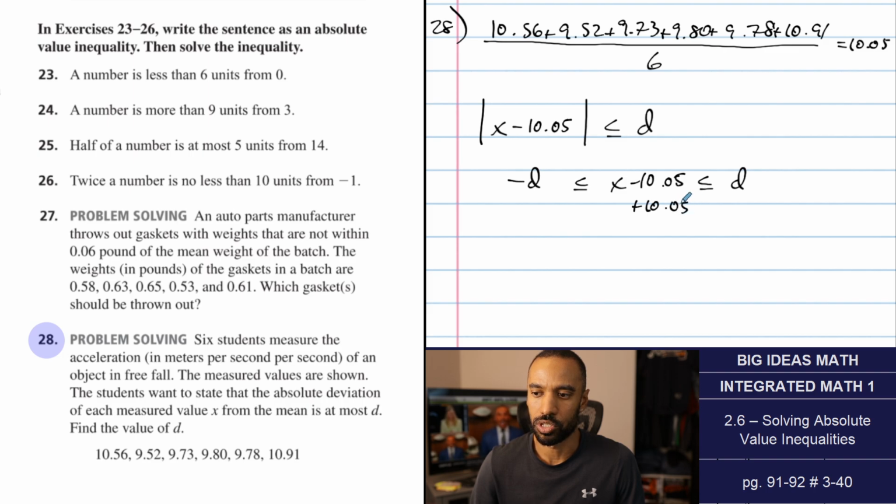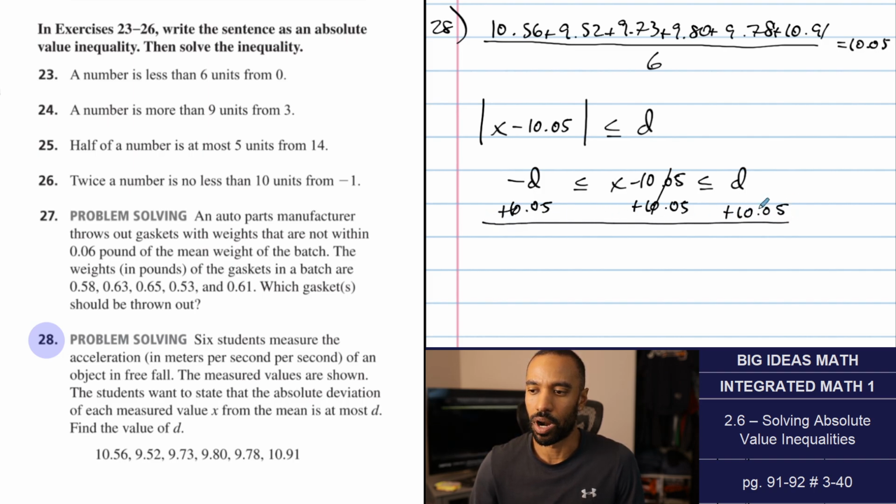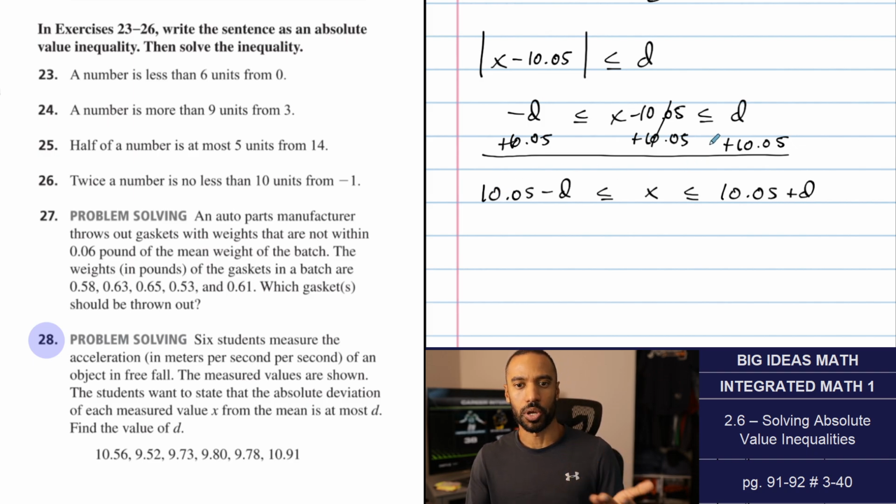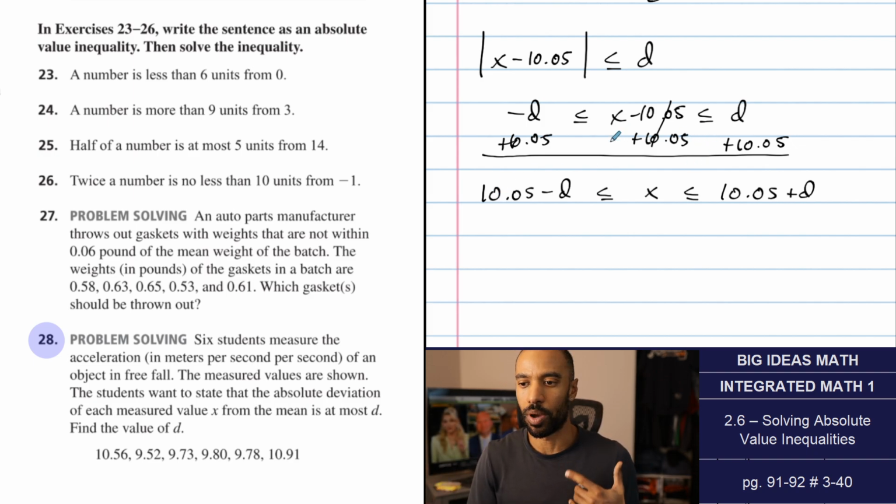If we add 10.05, the best way for me to write this here, and again, it's probably a little overkill in what I'm representing here, but I want it to look like the other problems right now: x needs to be somewhere between 10.05 minus d and 10.05 plus d. And again, I put those first to show you really adding or subtracting d units away from that mean.